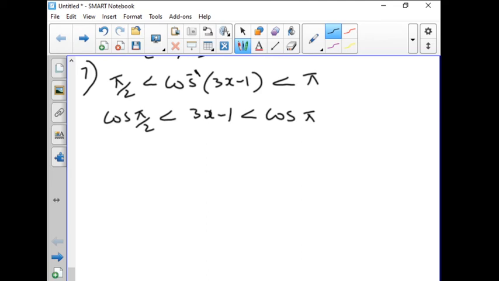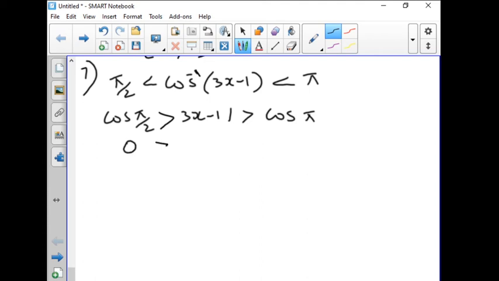Okay. So what is cos pi by 2? It is 0. Cos pi by 2 is 0 and cos pi is minus 1. Okay. So now this is an inverse function, so we don't take it as less than, we take it as greater than. Cos pi by 2 is greater than 3x minus 1, greater than cos pi.